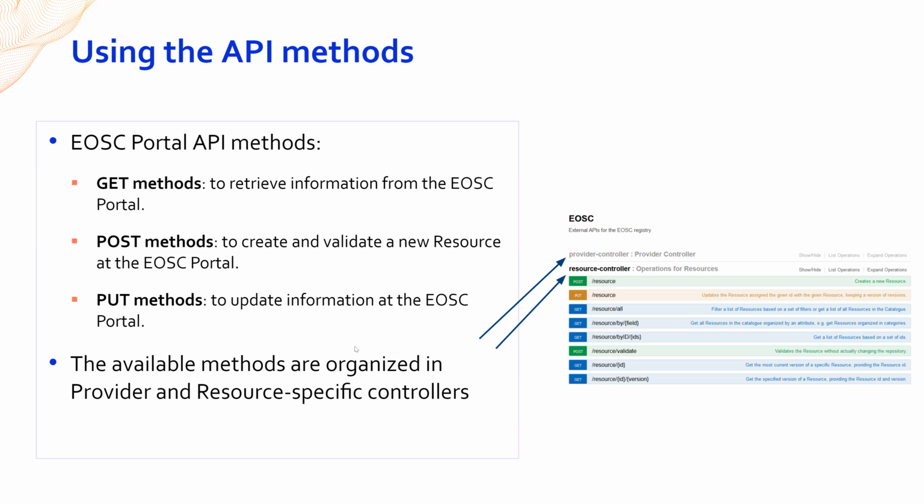We have more than 2 controllers. One is for providers, one is for resources, and there are also other controllers for extra information about resources, controllers about data sources, controllers about catalogs, etc.